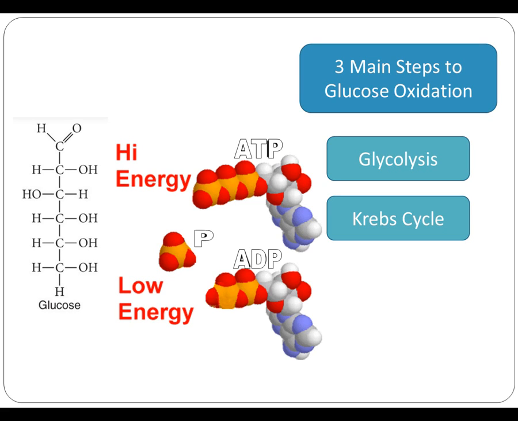The Kreb cycle will metabolize, or we could say oxidize, a byproduct of pyruvic acid in the mitochondrial matrix.